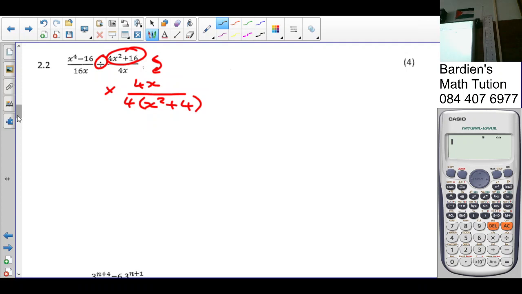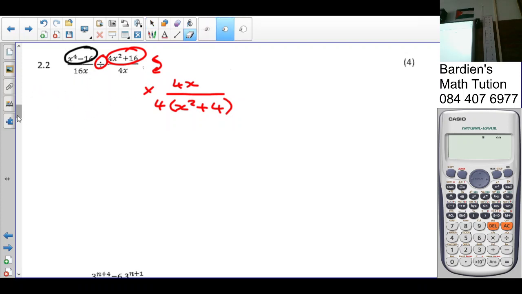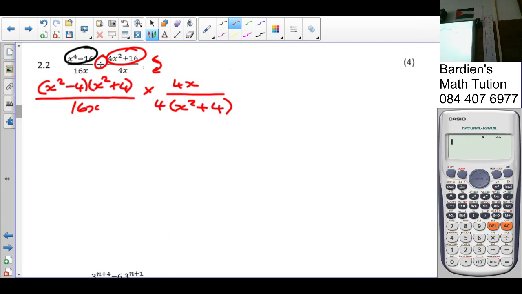Here, what type of factorization is there? Difference of 2 squares. So it's going to be x squared minus 4, x squared plus 4. You all agree with that? x squared minus 4, x squared plus 4 over 16x.